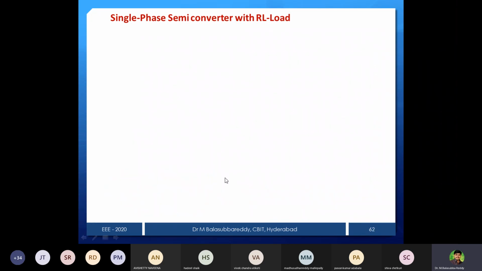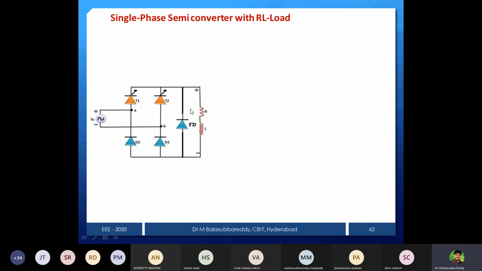So this is the way we can explain it, or else, as I already said, you can use a freewheeling diode directly across the load. Now it is fine. So this way is also correct. Any waveform you can give. Waveforms are the same in all the cases. The only difference is the diode, whether we are using a separate diode or an inbuilt one.